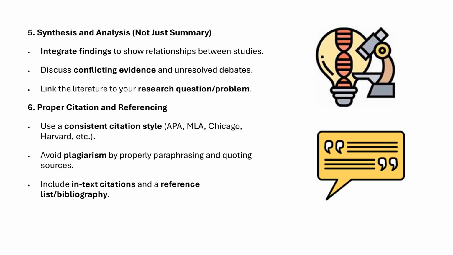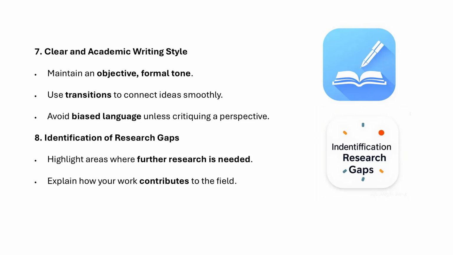Number 6, proper citation and referencing by using a consistent citation style like APA, MLA, Chicago, Harvard, etc. For each specialization there is a citation style attached to it, and then to avoid plagiarisms by properly paraphrasing or quoting sources, and we include the in-text citations and a reference list or bibliography.